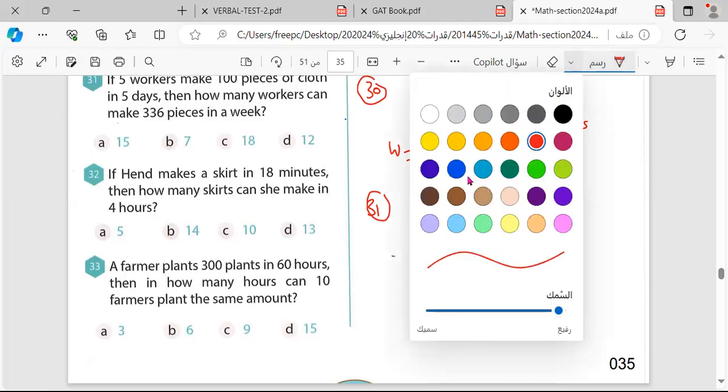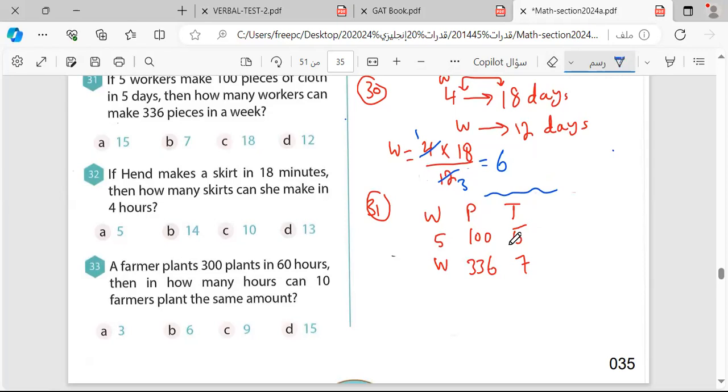We solve like this. You multiply 5 times, and here you multiply like this. So W times 100 times 7 equals 5 times 5 times 336. We divide now by 100 times 7.